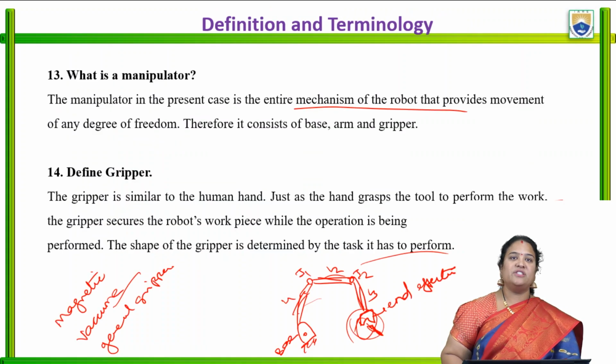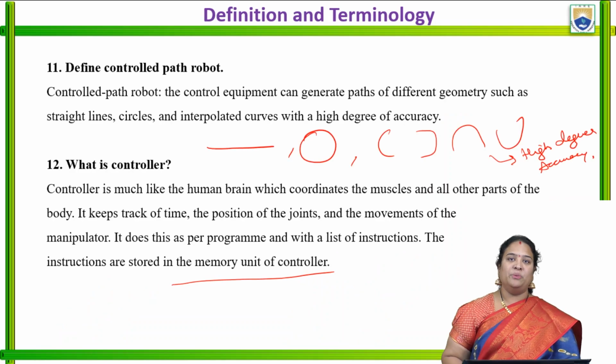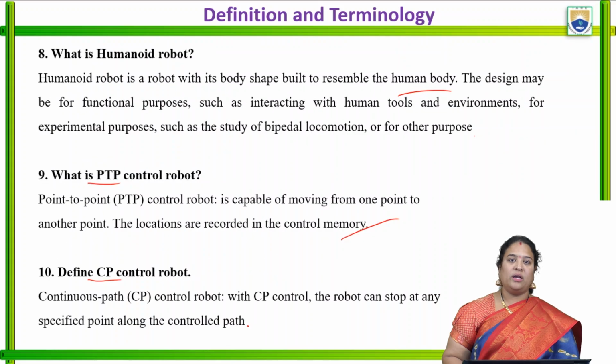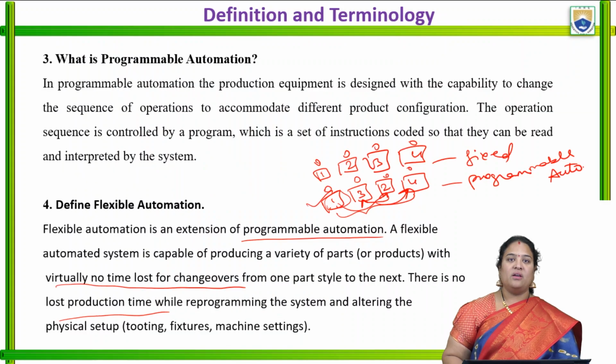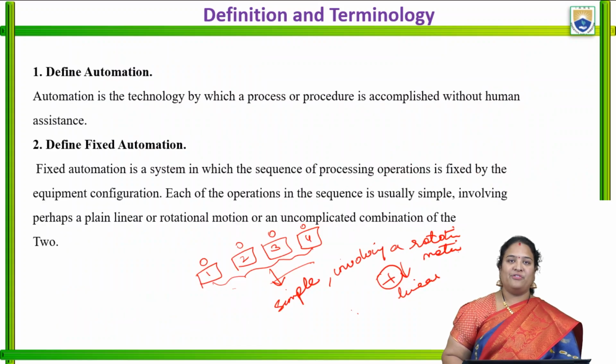So in today's class, we have seen the gripper, the manipulator, what we mean by a controller, what we mean by a controlled path robot, a continuous path robot, and a point-to-point control robot, what a humanoid robot is and examples of humanoid robots, what we mean by the phenomenon of anthropomorphy, and what we mean by an articulated robot. We also saw the difference between flexible automation, programmable automation, and fixed automation, and the definition of automation.